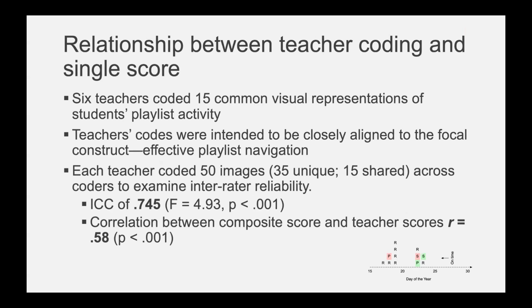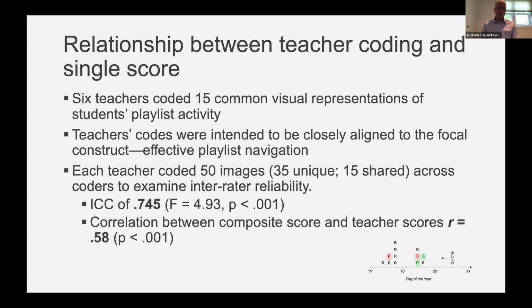We gave them 15 common playlists so that we could assess the inter-rater reliability of our coding, and then, to maximize the number of playlists we could get coded, we had each teacher code 35 unique ones. In the end, we got a decent ICC, which is the way we ended up understanding reliability in this context, given the multiple-rater situation.